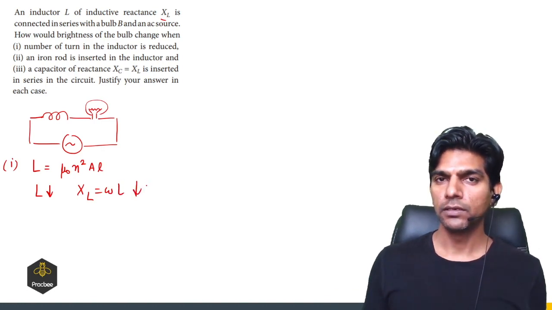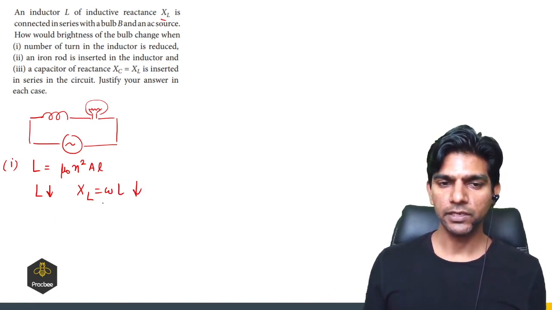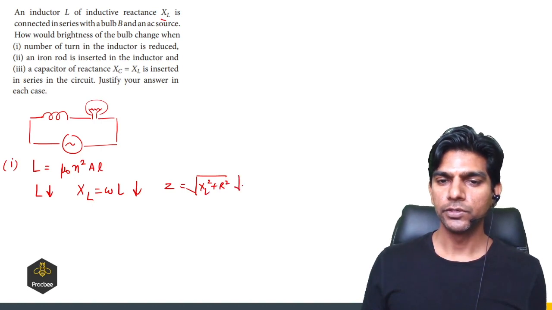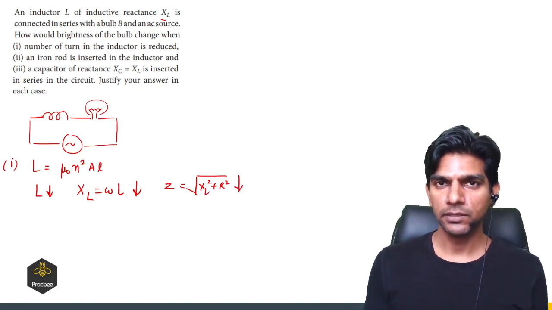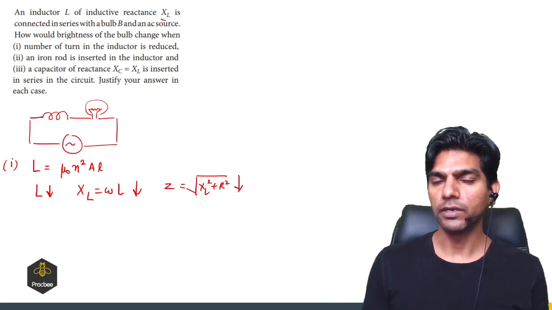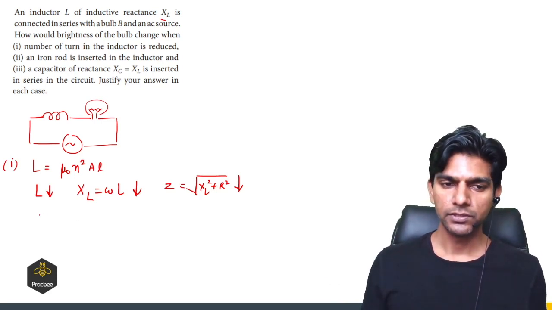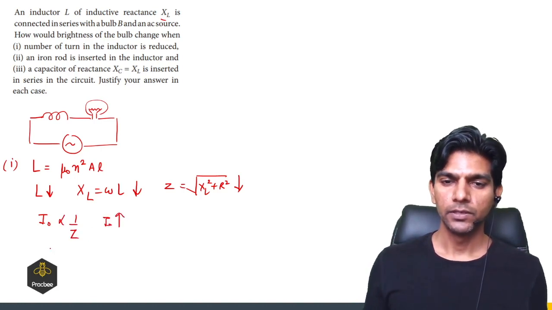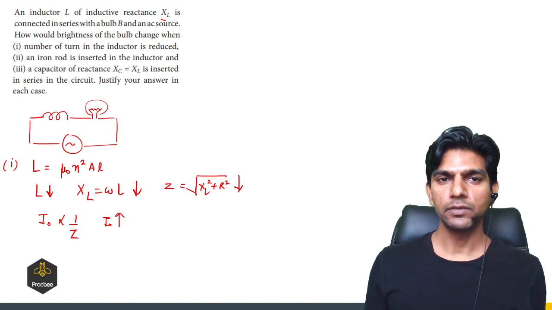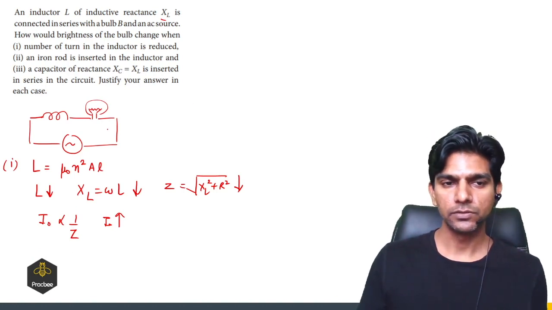If this reduces, we can say the impedance, which is root of XL square plus R square, will also reduce. As impedance has reduced, the current in the circuit, or the peak value of the current, will increase, because current is inversely proportional to the impedance. So I naught will increase. So as current increases, we can say the brightness of the bulb will increase. So in the first part, brightness will increase.